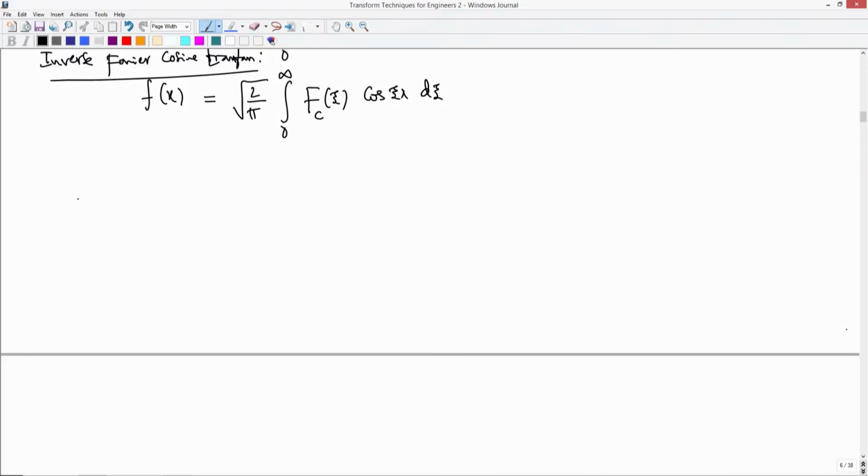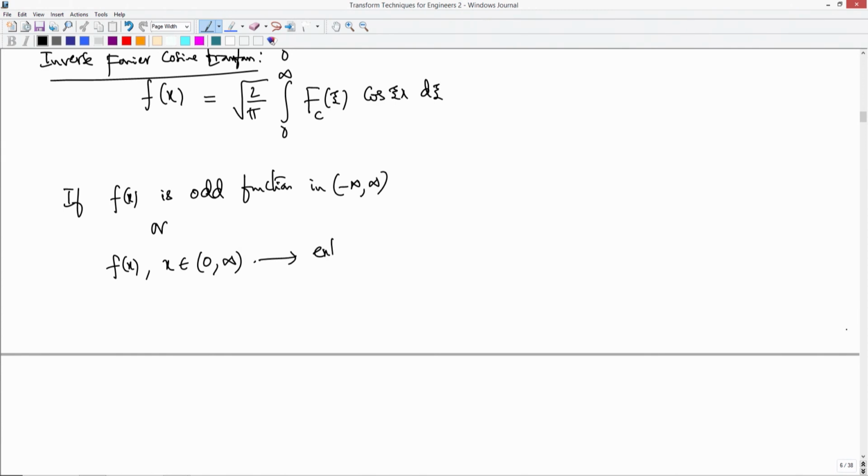So today in this video we will look at the case when f(x), the signal, is an odd function over minus infinity to infinity, or f(x) is defined over x from 0 to infinity and we extend it as an odd function. If your signal is given only on the positive side, you extend it as an odd function over minus infinity to infinity.